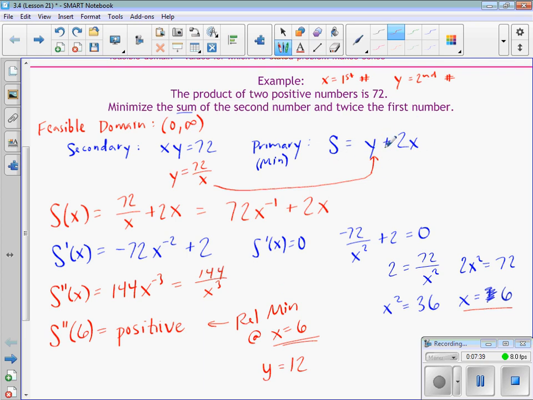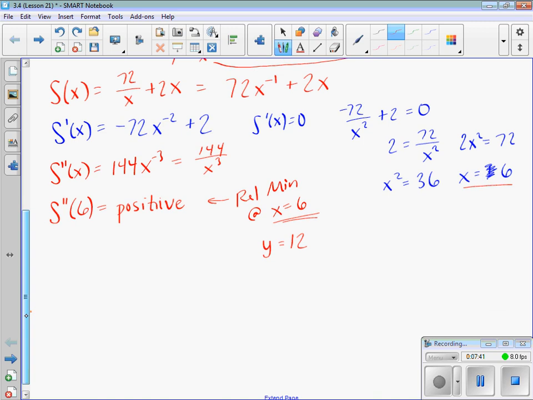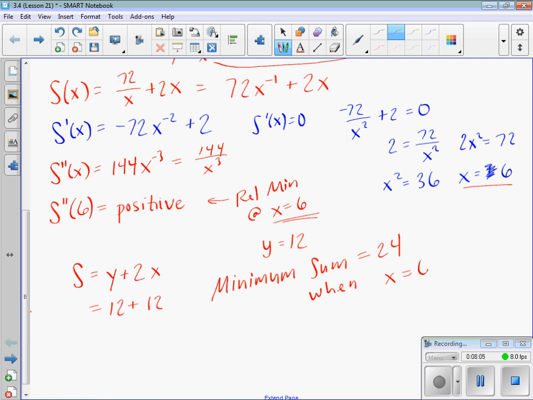The sum was y plus 2x, so that's going to be 12 plus 12. So my minimum sum would be 24 when x equals 6 and y equals 12.